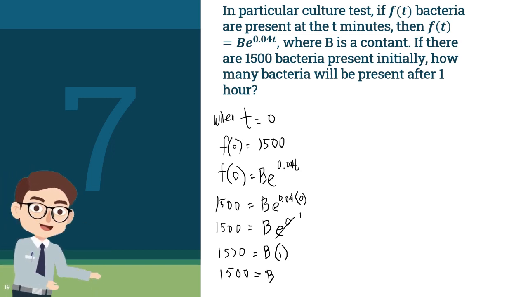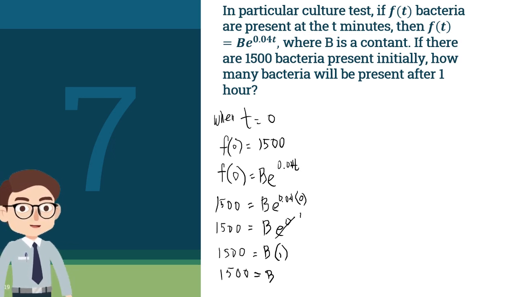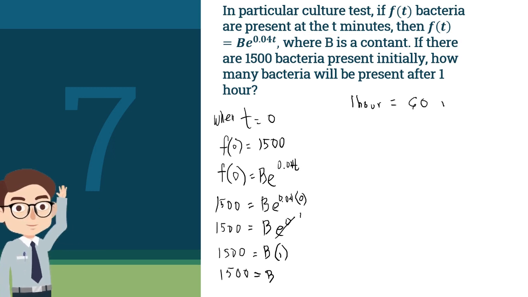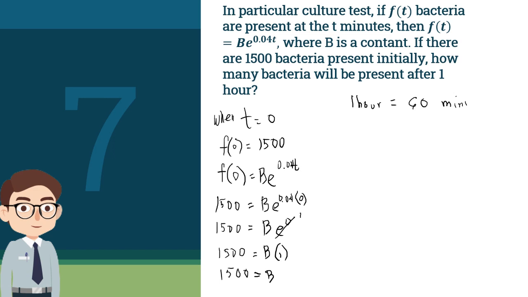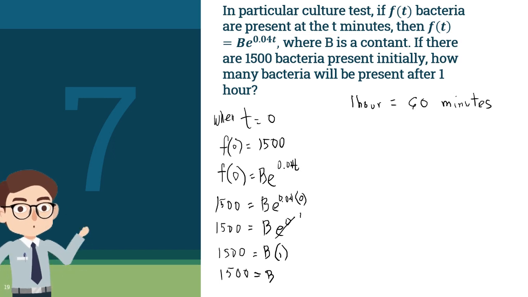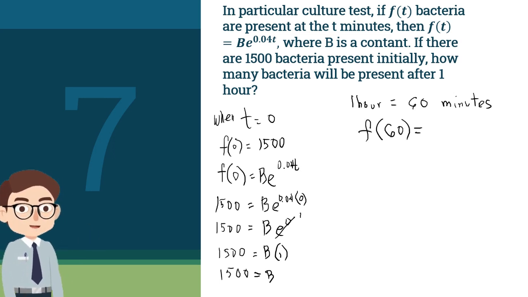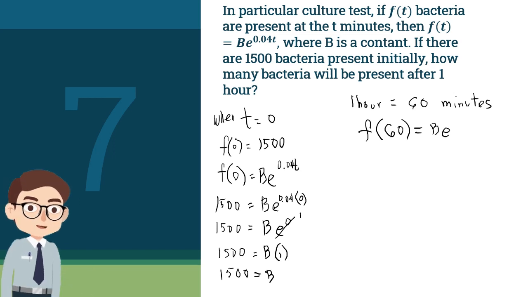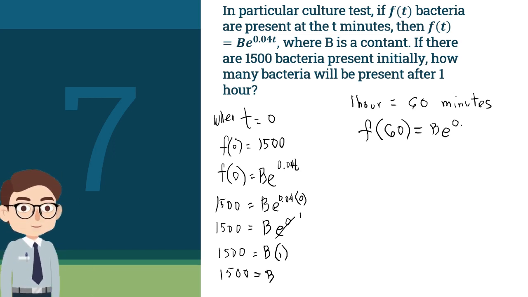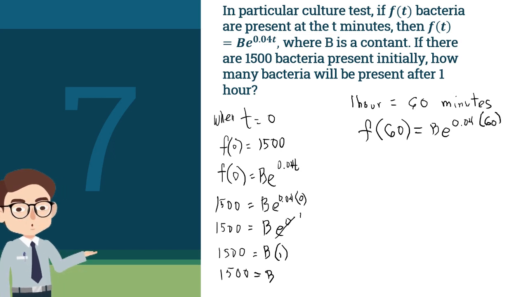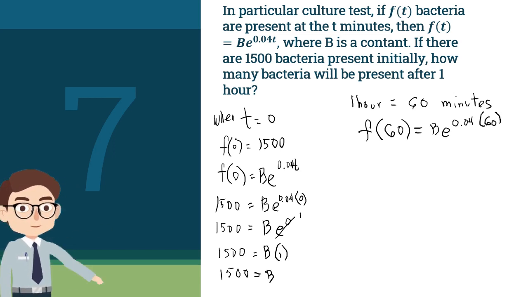Let's convert first 1 hour to minutes, and we have 60 minutes in 1 hour. So when we have our function f of 1 hour, that is 60 minutes, our b e raised to 0.04 multiplied by 1 hour, that is 60 minutes, that is our new function.